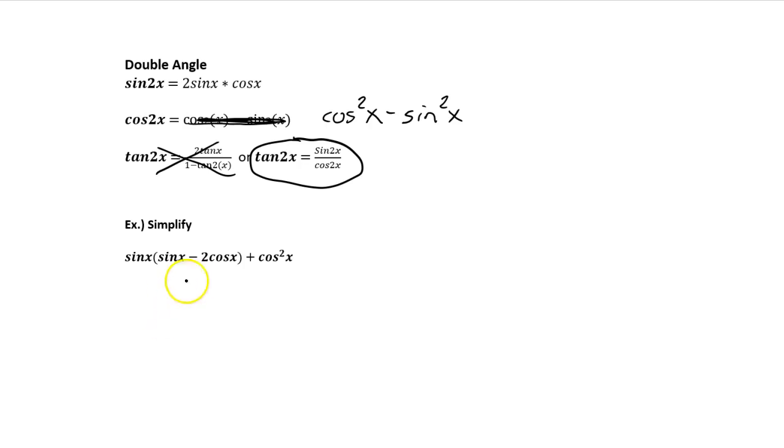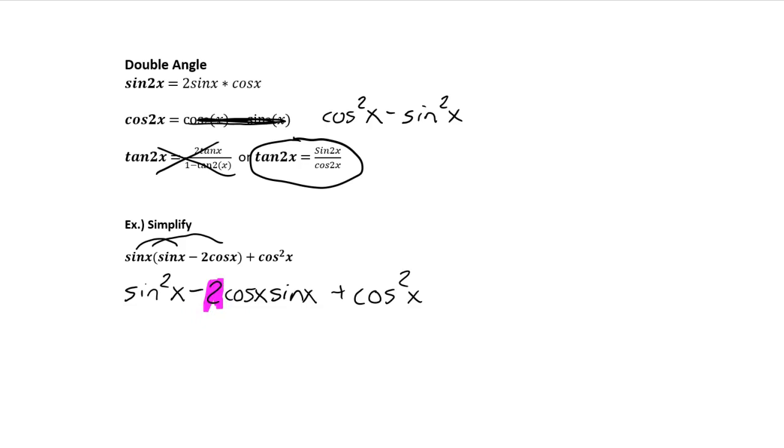So I notice right now I have parentheses, so I'm going to distribute first. So I have sine squared x minus 2 cosine x sine x, just from multiplying. And then I still have my plus cosine squared x in the back. Now, as soon as you see this value right here, we see that there's a 2 attached right here.